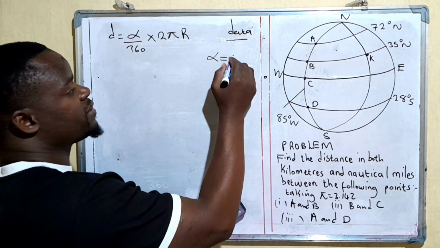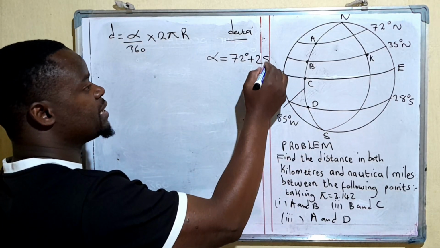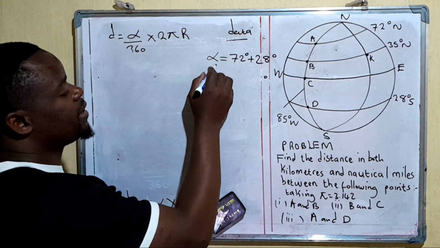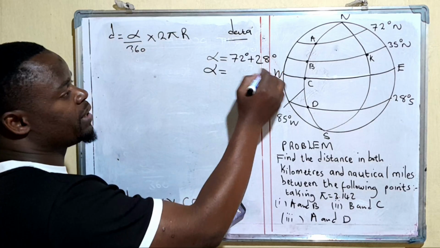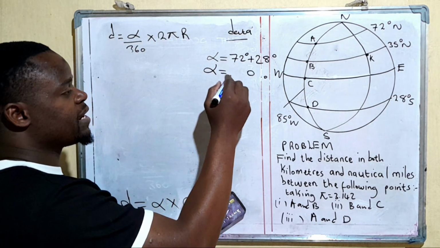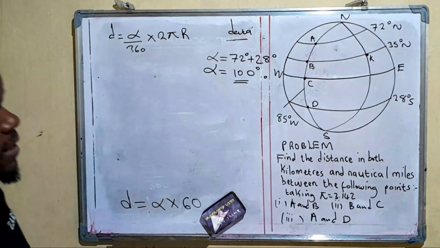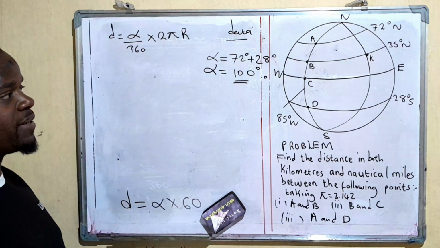So we have 72 degrees plus 28 degrees. The difference in latitudes will be 100 degrees.